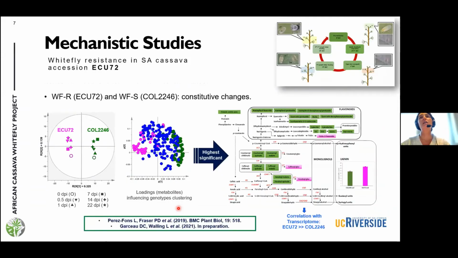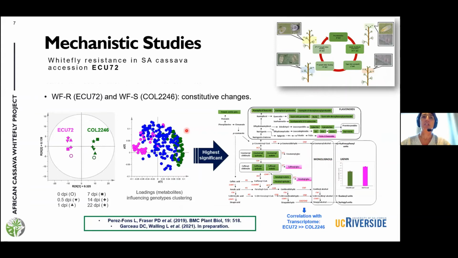They were therefore selected for moving into the breeding program, but also for elucidating the mechanism of resistance in these lines. By comparing the leaf material collected at different time points over the infestation with Wi-Fly, we could see that the changes in the metabolome were constitutive, and the most significant changes were linked to the biosynthesis of monolignols, which are the building units of lignin.